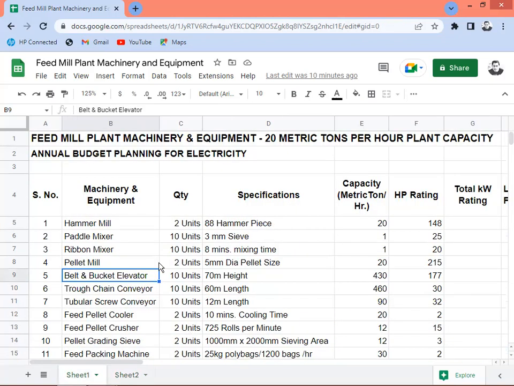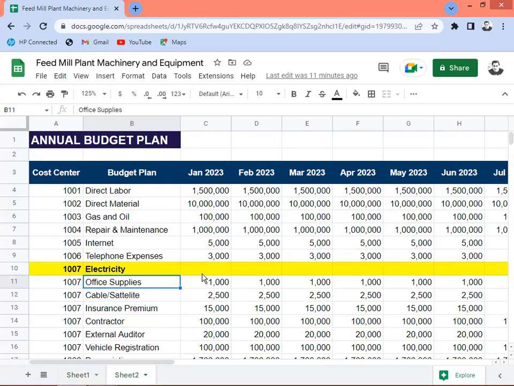Okay, so let's go back to the sheet where we have our annual budget planning for electricity. Supposedly after calculating the actual or the total budget, the money that we're going to include in this sheet, then we're going to include it in the highlighted electricity cost center.